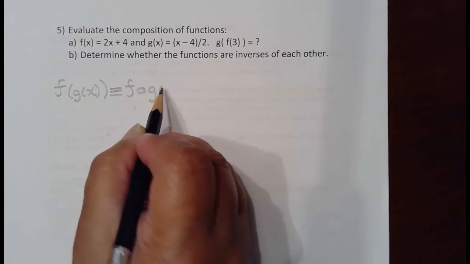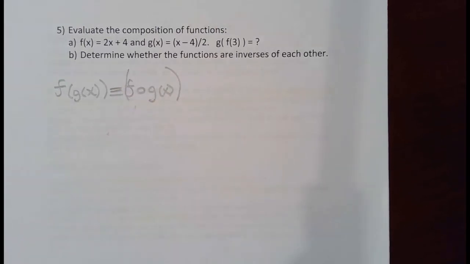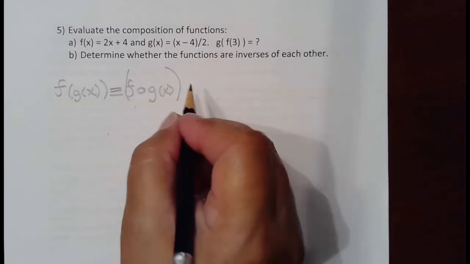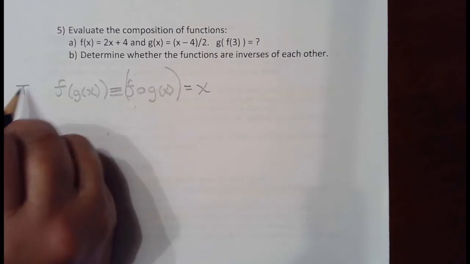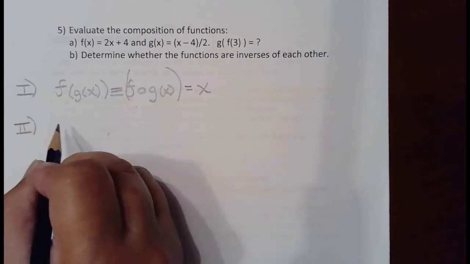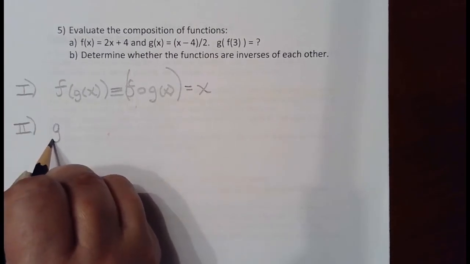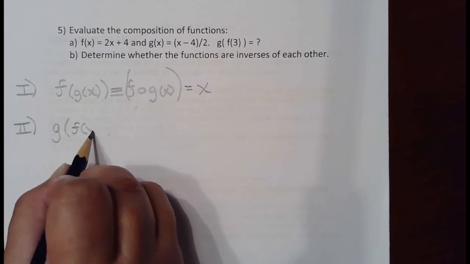Don't forget, this can also be written like this, g composed of f. That's another type of notation for composition, and that should also come out to be x. So this question that they're asking in part B, where they're asking, determine whether the functions are inverses of each other, this is how you do that.